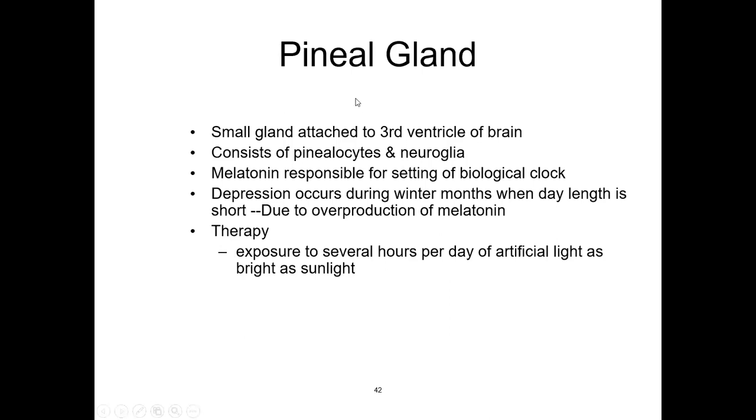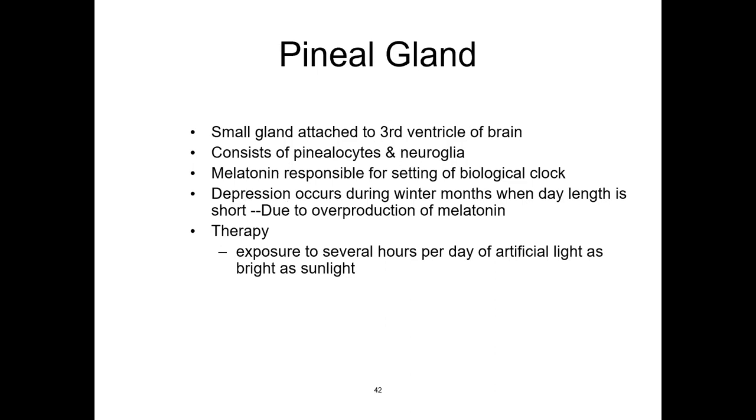I do want to say a few words about the pineal gland. Now, this is an honest to goodness endocrine gland. There's no other role for it. This is close to the third ventricle of the brain, and melatonin is the hormone that's made here. Melatonin is a hormone that helps the hypothalamus to maintain the sleep-wakefulness cycle.